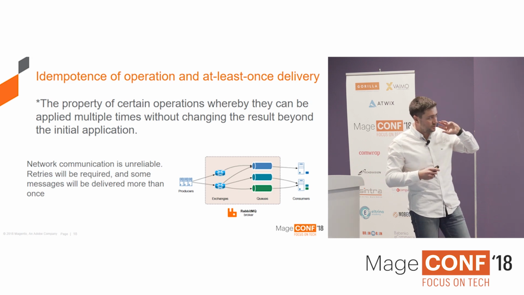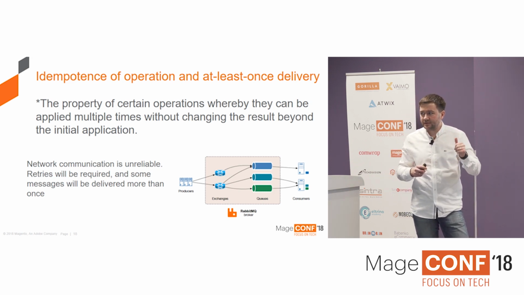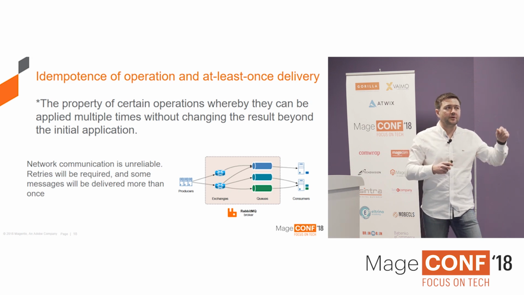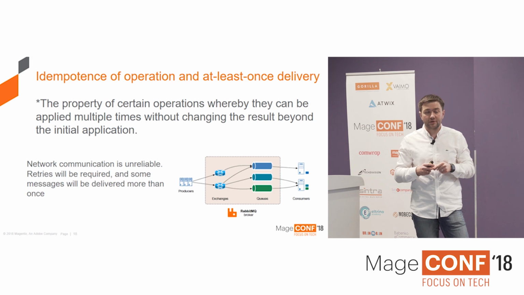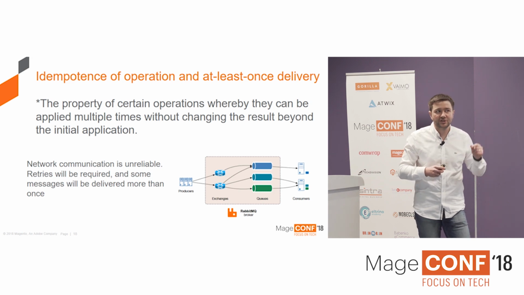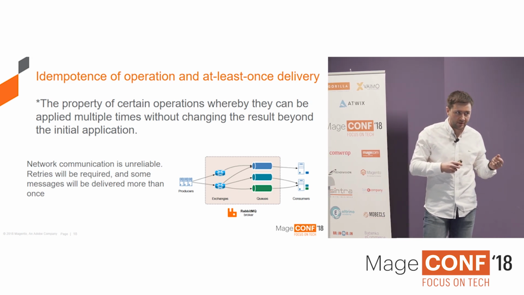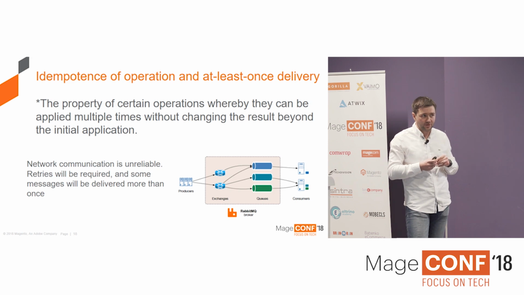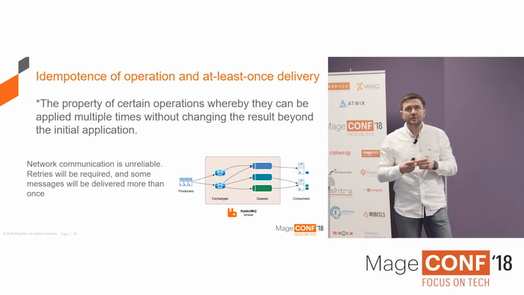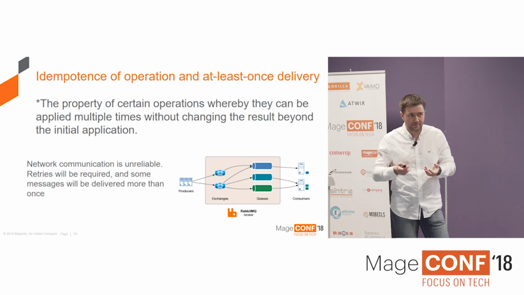If you put a message into the broker, RabbitMQ guarantees that this message will be delivered to a worker. But RabbitMQ doesn't guarantee that this message will be delivered just once. It can be delivered once or many times, because it can happen that the message is not acknowledged, so RabbitMQ would not know whether a worker accepted and processed it.